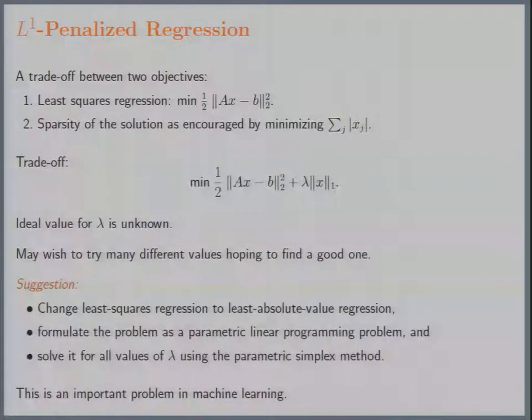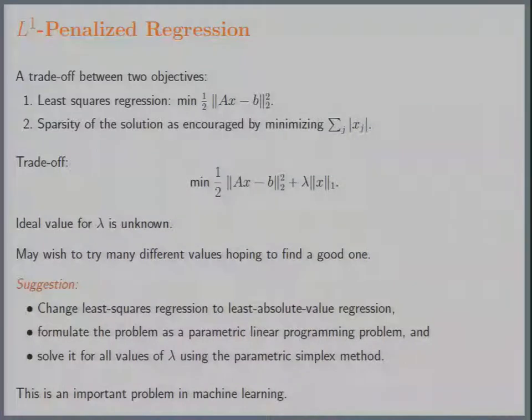We talked about regression the other day, both least squares and least absolute deviations regression. So you want to find an x for which Ax is as close to b as possible, using optimization notation rather than statistics notation for these things.